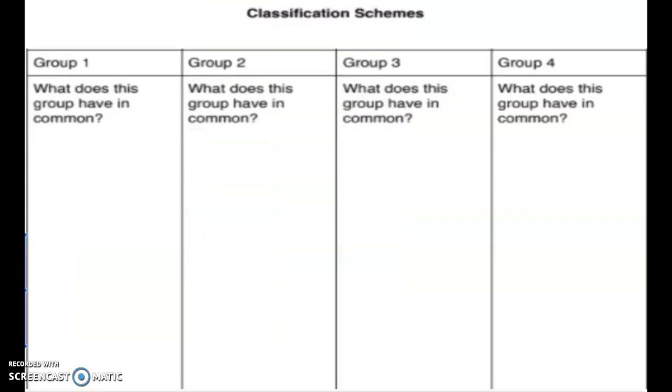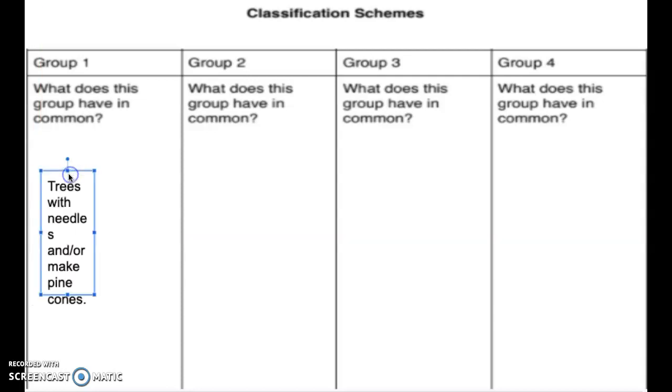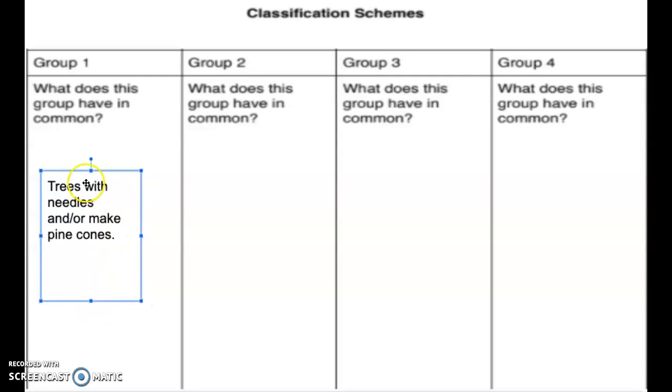I think that for my first group, I want to make it trees with needles that make pine cones. That's going to be my first group, and that's what they all have in common.